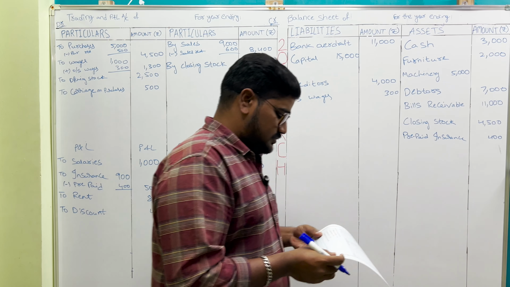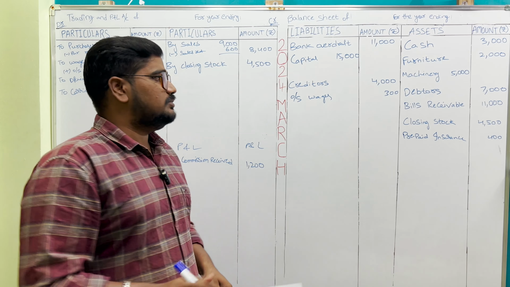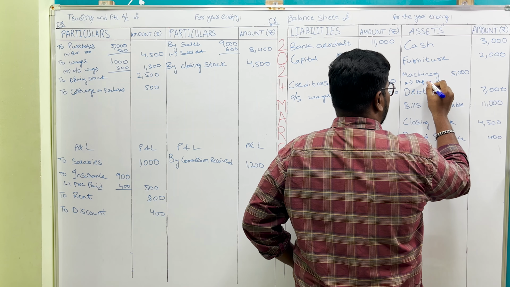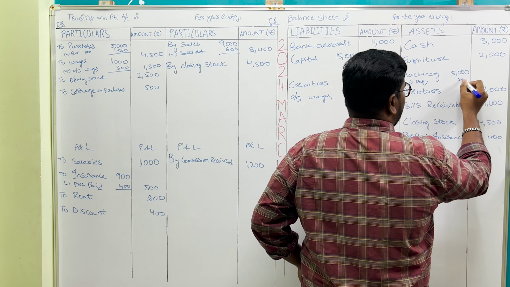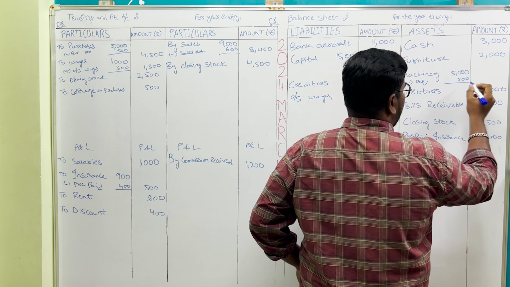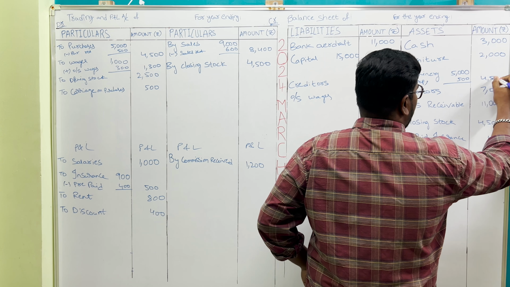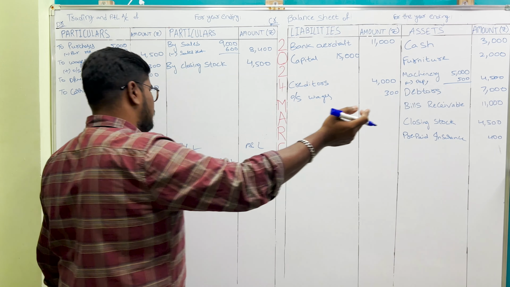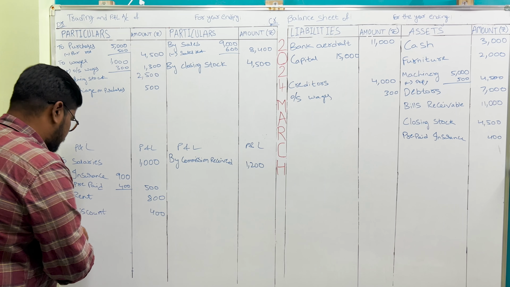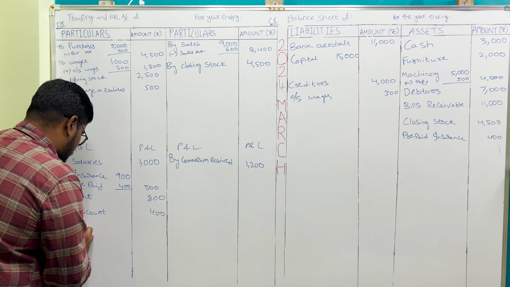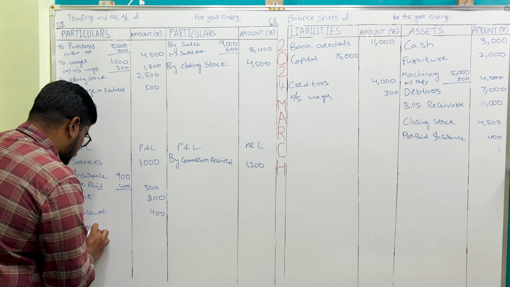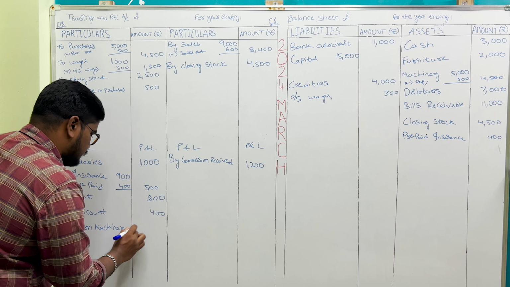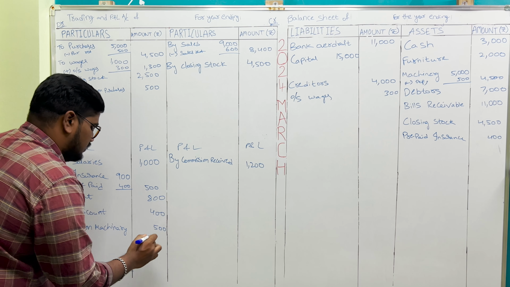Last but one item, depreciation on machinery 10%. Let's depreciate machinery by 10%. Depreciation on 5,000, 10% is 500, 4,500 in the outer column. This is the first effect, and second effect, depreciation will be an expense, depreciation on machinery, and that is 500.